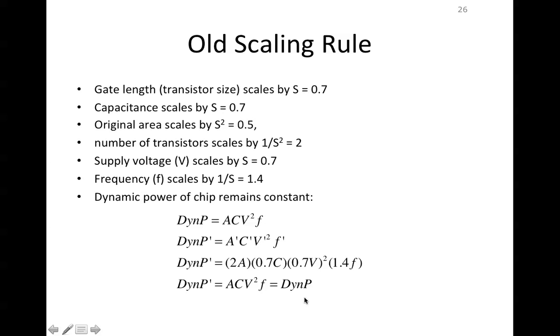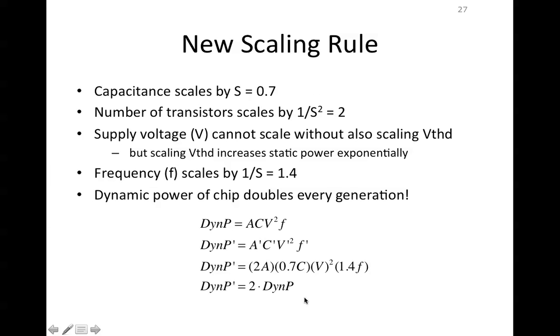However, when the threshold voltage cannot be reduced, we have a big problem. Okay, let's take a look. So let's say capacitance will scale by 0.7, the number of transistors scales up by twice as much, but supply voltage cannot scale because the threshold voltage cannot be scaled down, right? So we plug in everything as the same, and let's see what happens.